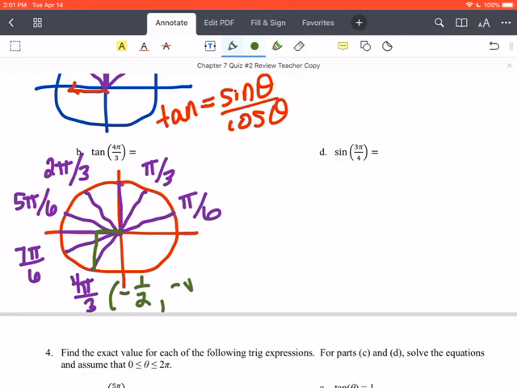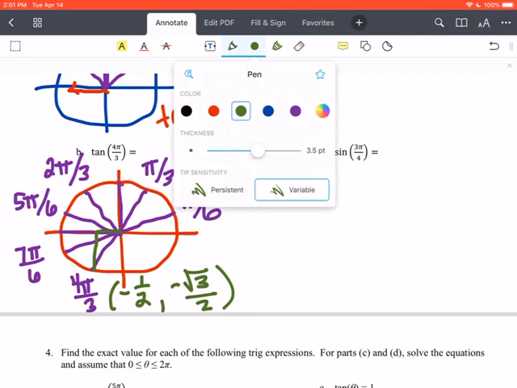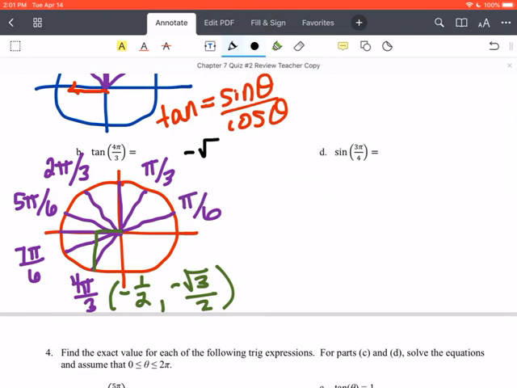The long that we memorize is root 3 over 2. Okay, so now I'm not done, because I need to take my sine, which is negative root 3 over 2, and I need to divide it by negative 1/2. Okay, but how do we divide fractions? We flip and multiply by the reciprocal, which is negative 2 over 1.